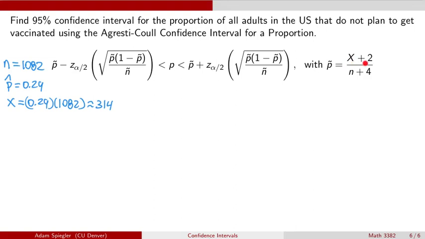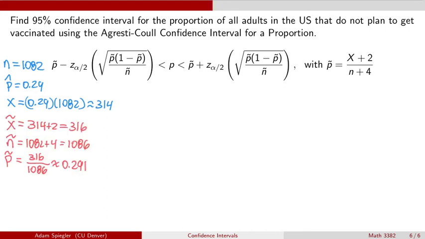And out of those 4 additional observations, half of them are successes. So we're going to add 2 to this 314. So after this adjustment, adding 2 to the successes, adding 4 to the observations, calculating this new proportion of 316 over 1,086, we get a value for p tilde, which is 0.291, right? Pretty close to p hat.